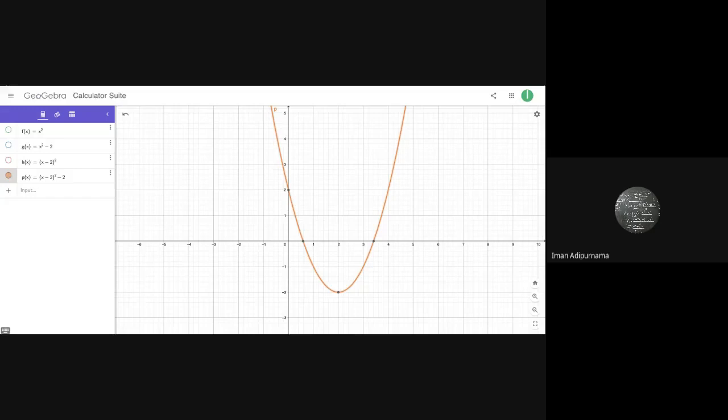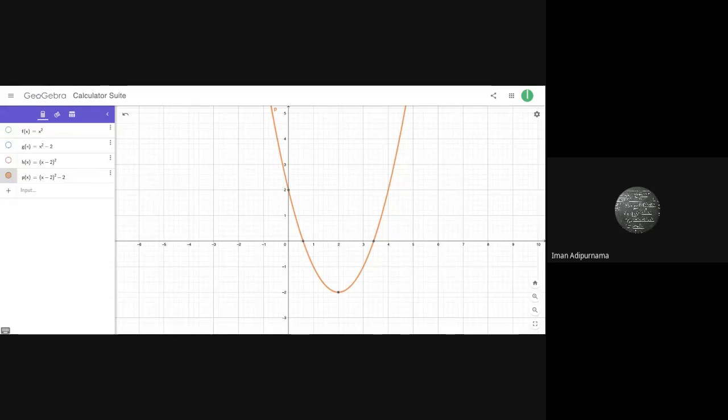Or if you want, we can go back to the ABC form, ax squared plus bx plus c. If you expand the standard form, becoming ax squared plus bx plus c, the minimum value is at negative b over 2a, right? So you can have several ways to find the minimum value.